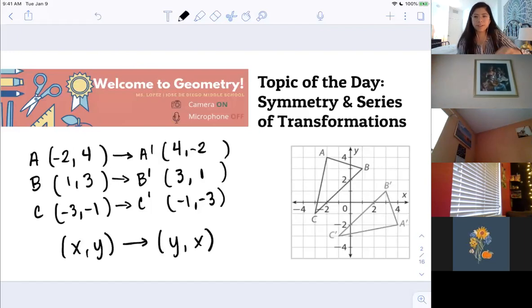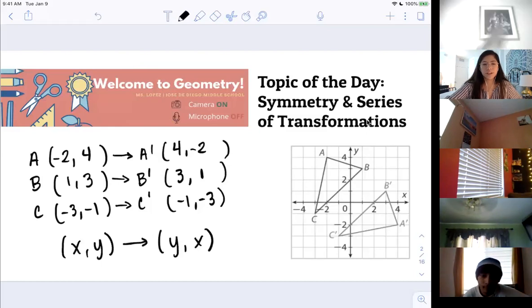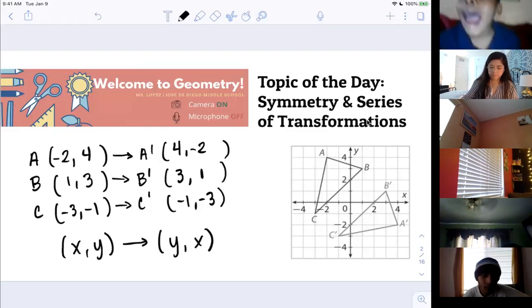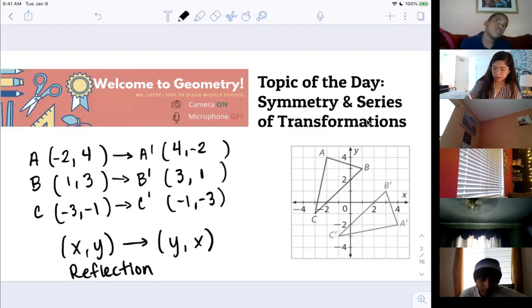Who can get it first? It's a reflection across Y equals X. You got it.